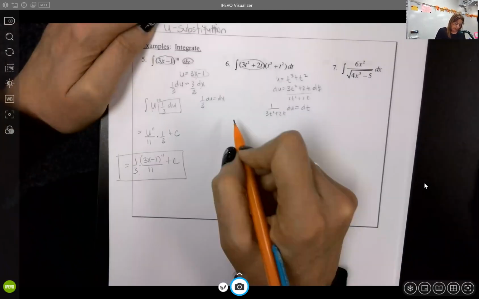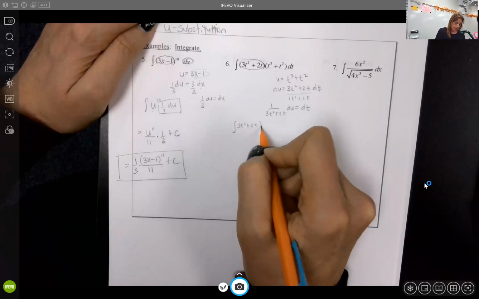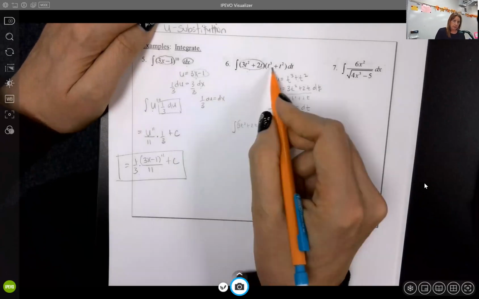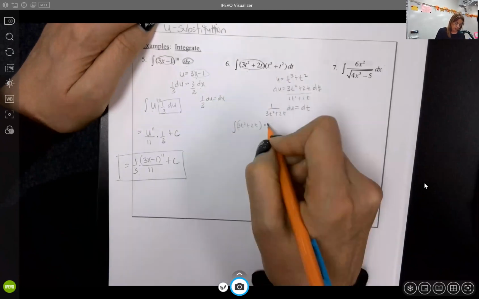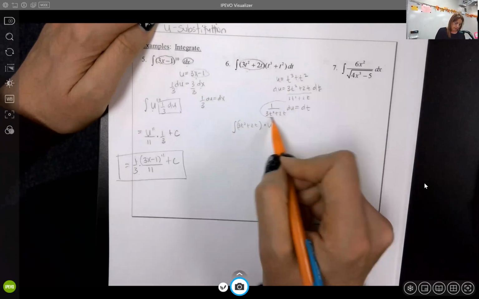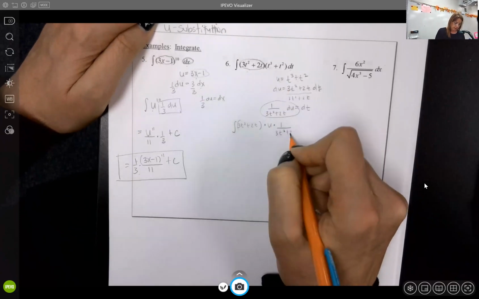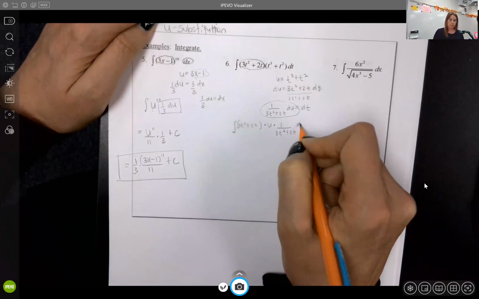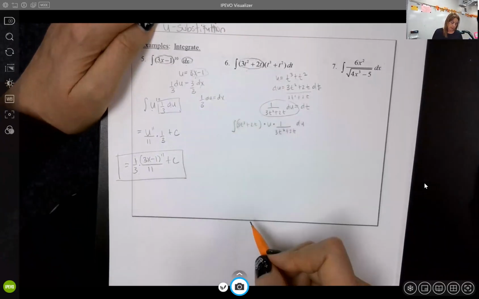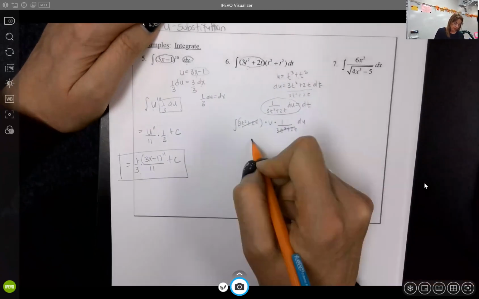So when I rewrite this, I get 3t squared plus 2t, that's this part, and then this is u, so times u, and then dt is right here, so 1 over 3t squared plus 2t du. Now we're ready to take the integral. This cancels out, okay? So I'm doing the integral of u du.